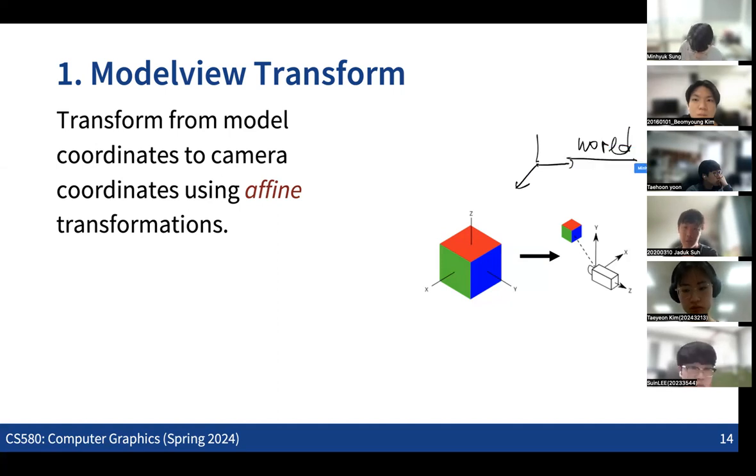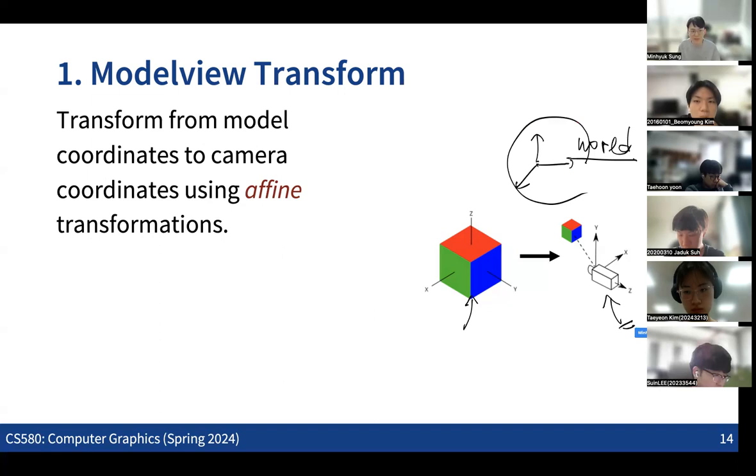Given the world coordinates, we have the object coordinates and also the camera coordinates. So what we want to do is place all these 3D objects in the world coordinates and then transform everything in the world coordinates into the camera coordinates, so that we see how those 3D objects will be seen from the given camera.